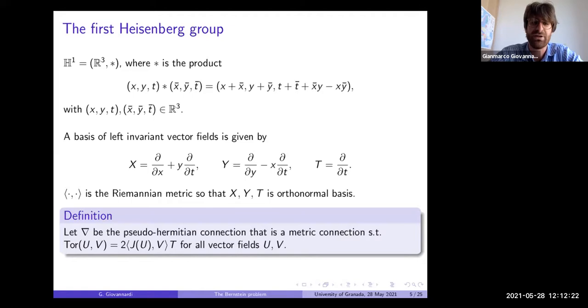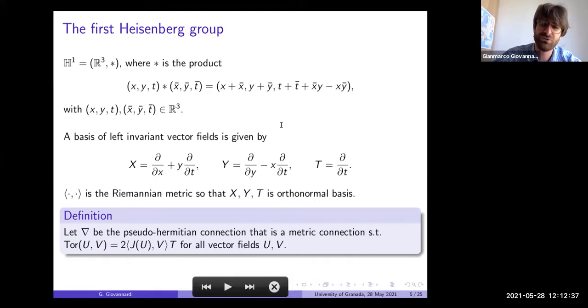And so a basis of left invariant vector fields for this product is given by capital X, capital Y, and capital T. So if you want to be left invariant, if you want to go in the X direction, you have to add an extra term in the T direction.